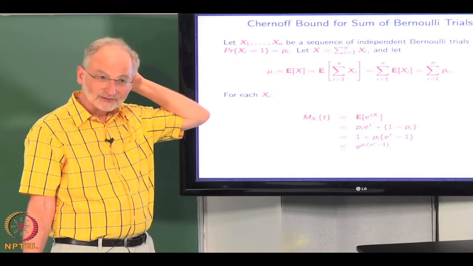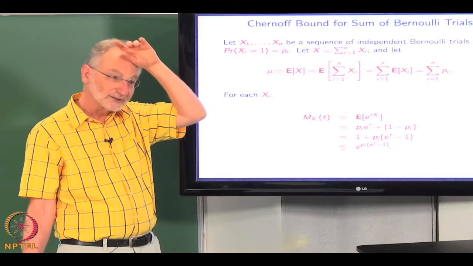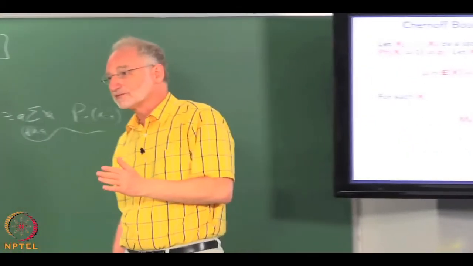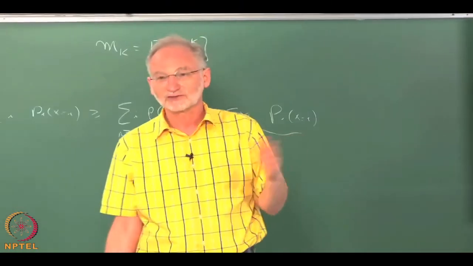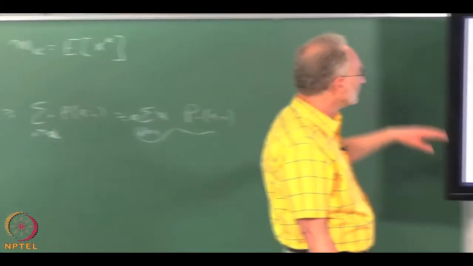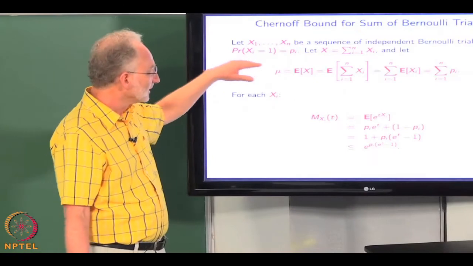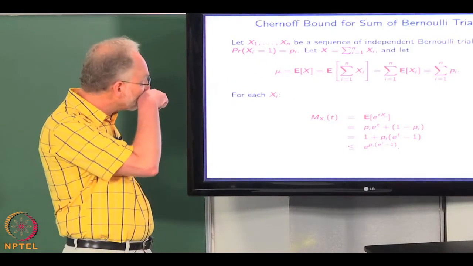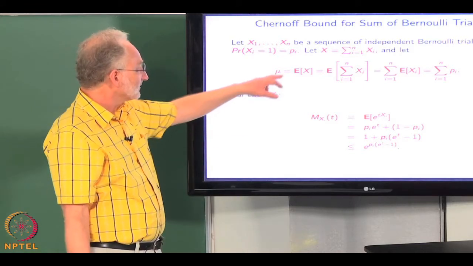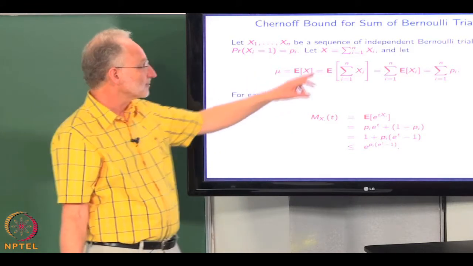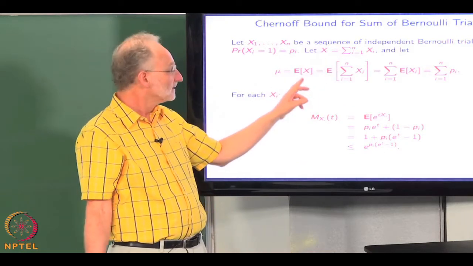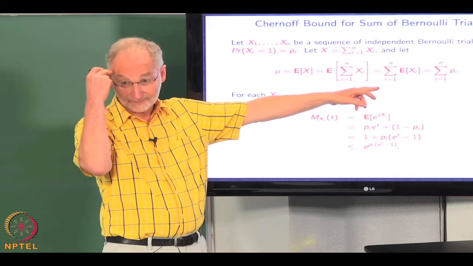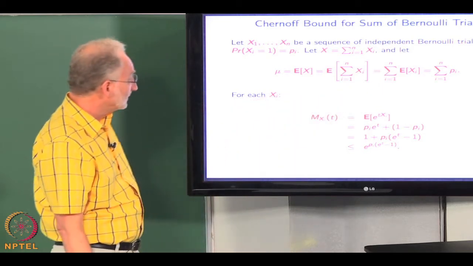So I have a sum. This is actually very important when we get to analyze algorithms, because we often ask how many steps we have to do, and each step has its own probability of success. We can still apply the Chernoff bound even if the probabilities are different. Now let mu be the expectation of the sum, which is the sum of the pi's.